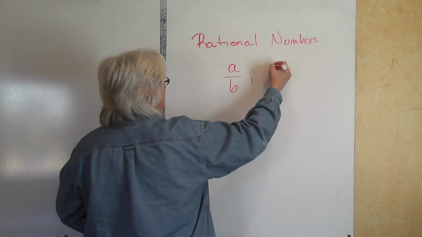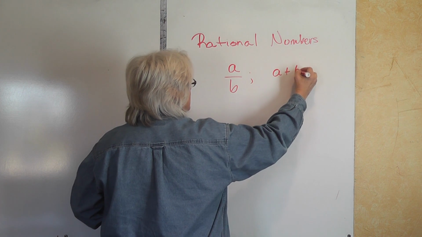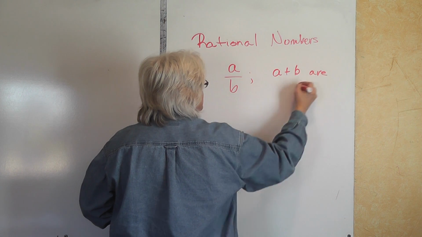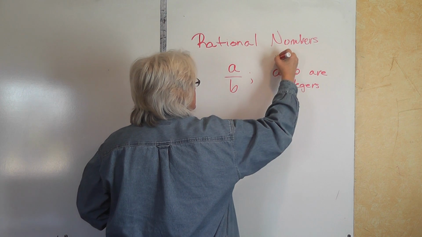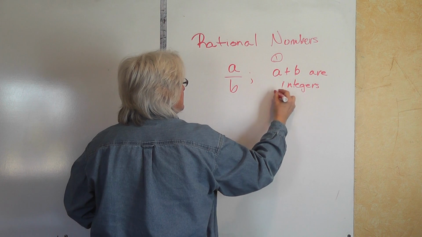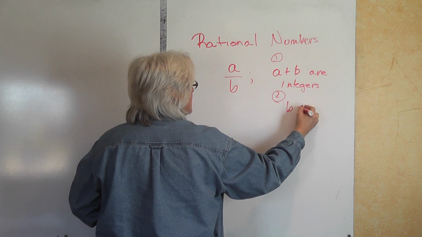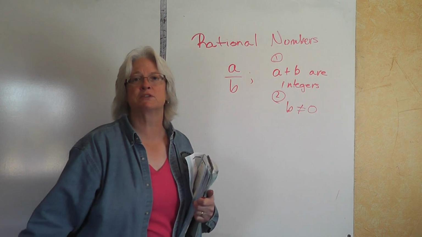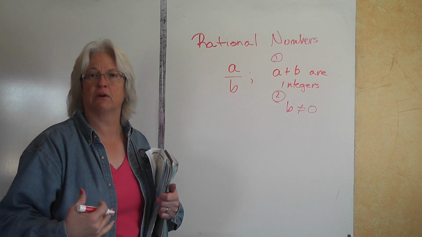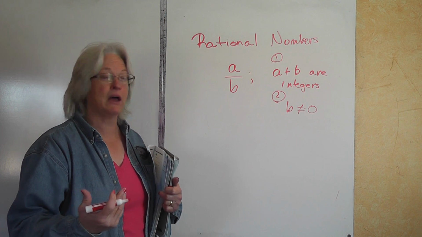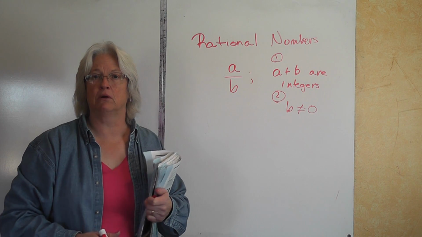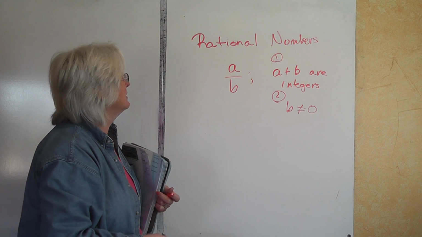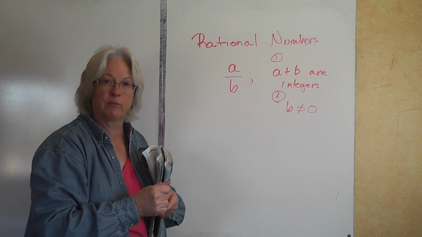Condition number one: a and b have to be integers. Condition number two: b cannot equal 0. And why do we need to say that? We need to say that because division by 0 is undefined in our arithmetic system.